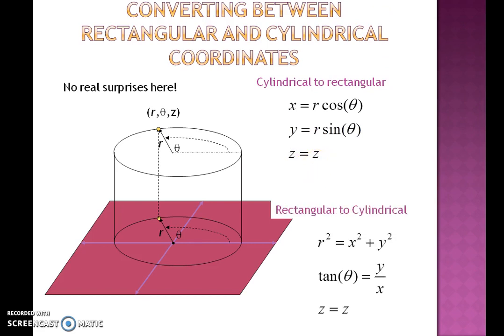And vice versa, you can convert a rectangular point to cylindrical by using these three equations.